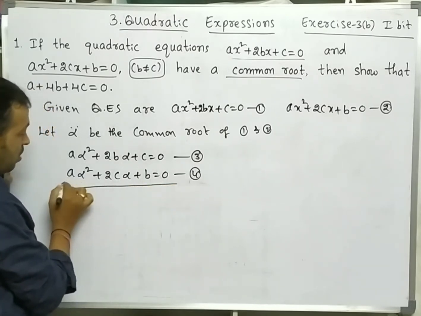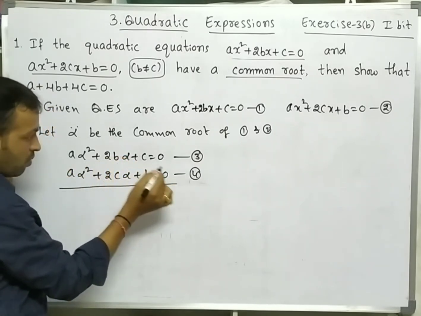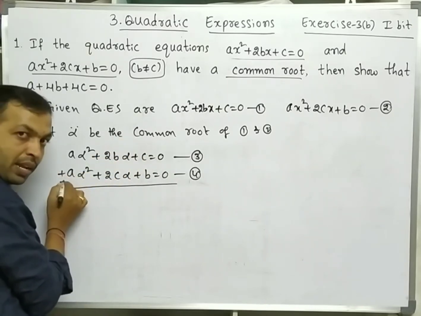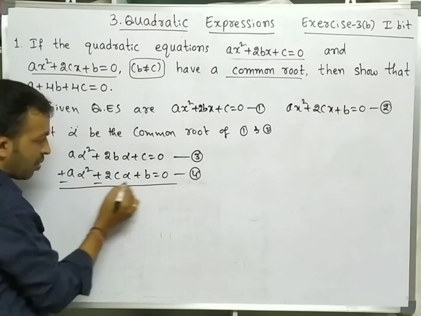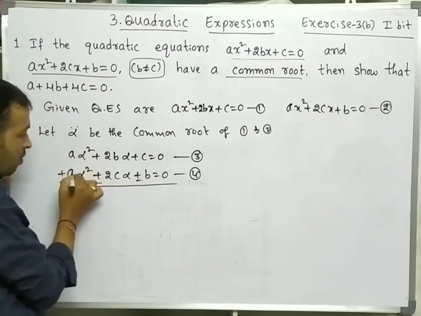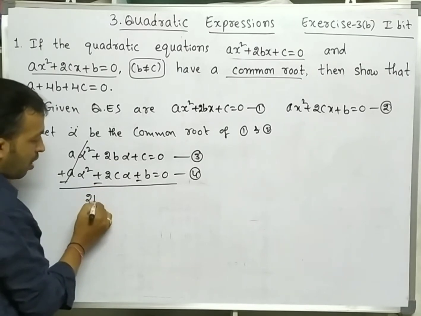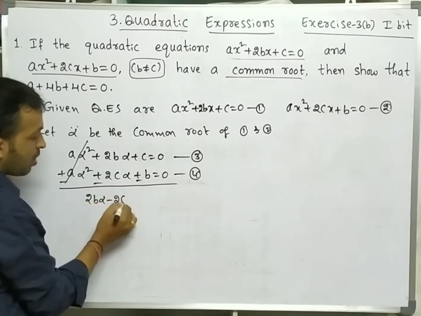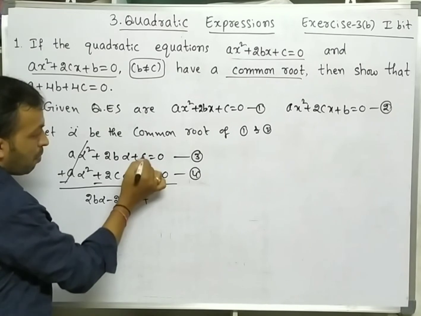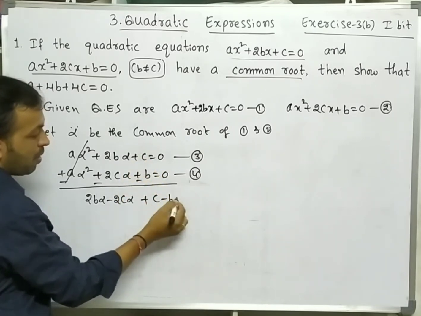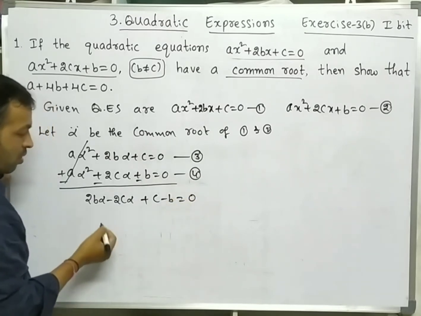Okay, now subtract 4 from 3. Here we have a positive sign, it becomes negative. This also becomes negative. So a alpha square minus a alpha square becomes 0. Here 2b alpha minus 2c alpha. Here c minus b. This plus b becomes minus b, right, which is equal to 0.